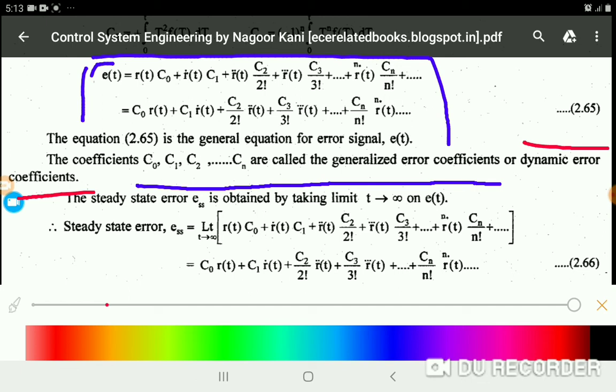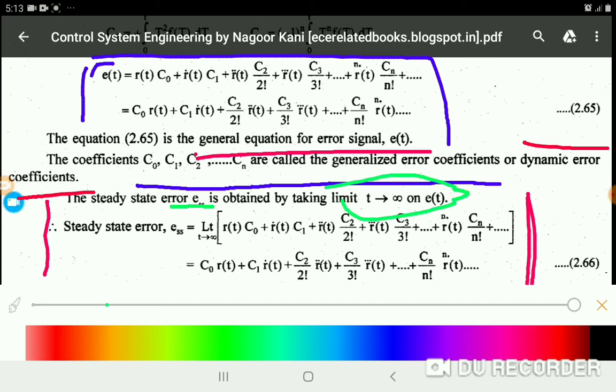So observe these things. It's a general equation of the error signal, and these are all the generalized error coefficients. Now the last step: how can we find ESS, the steady state error, using these generalized error coefficients? ESS is obtained by taking the limit t tends to infinity on e of t.